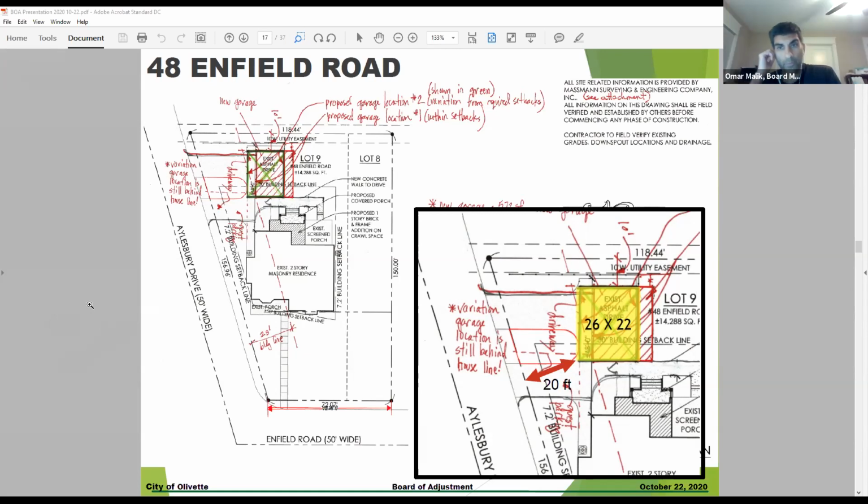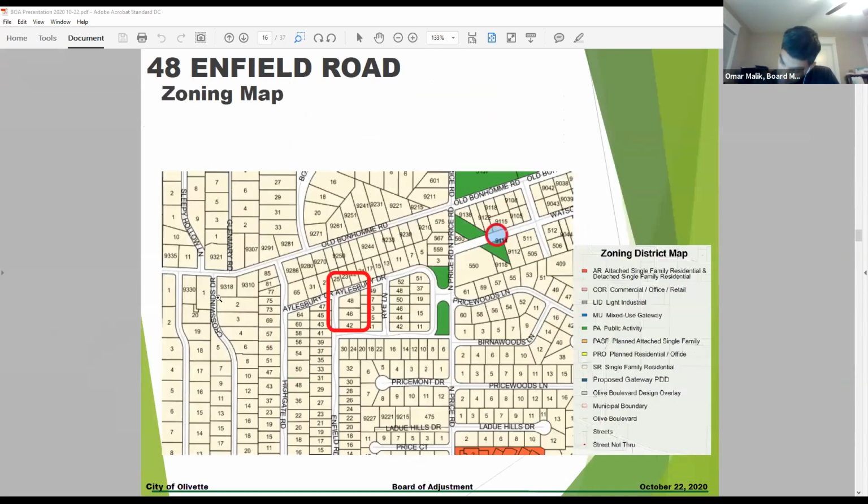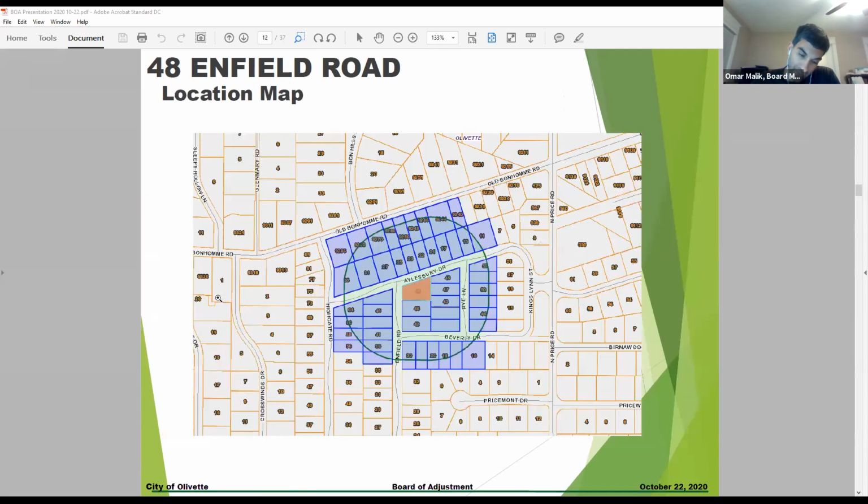I did have a follow-up question. Is the shape of the lot unique here? I'm looking at page 5, and it looks like there's a triangle there in a different orange color. Because of the way the setback line is drawn, it's cutting the property.